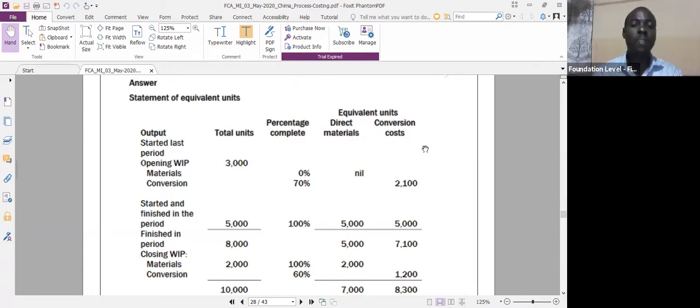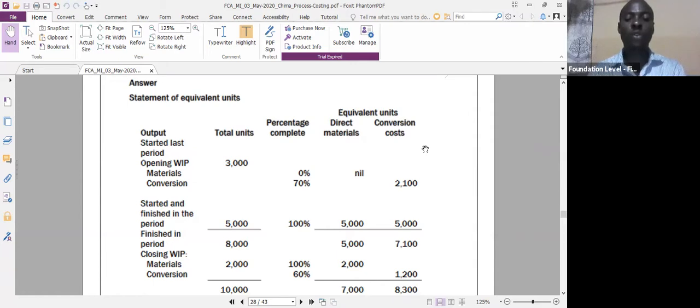Now, we are going to need materials to complete it. How many percent of materials do we need to complete? 0, because it is already 100% material involved. The conversion cost, how many percentage is needed to complete the conversion of 3,000 units? 70%.